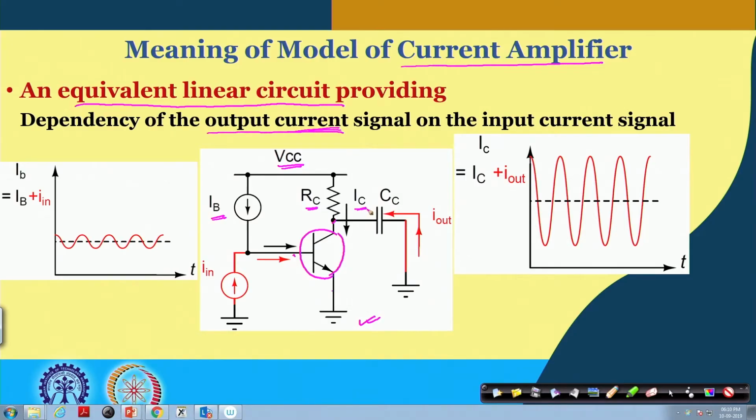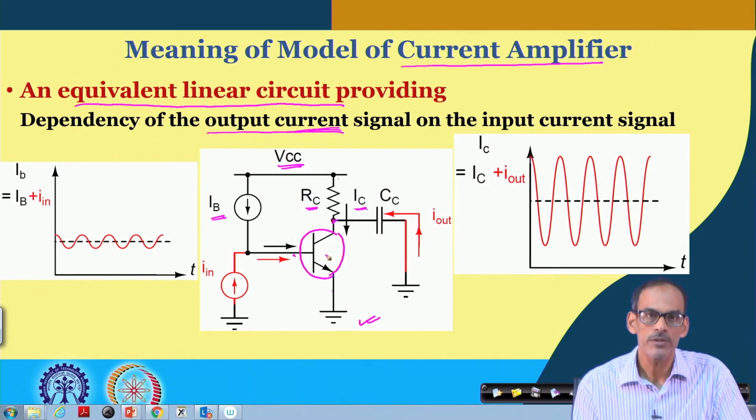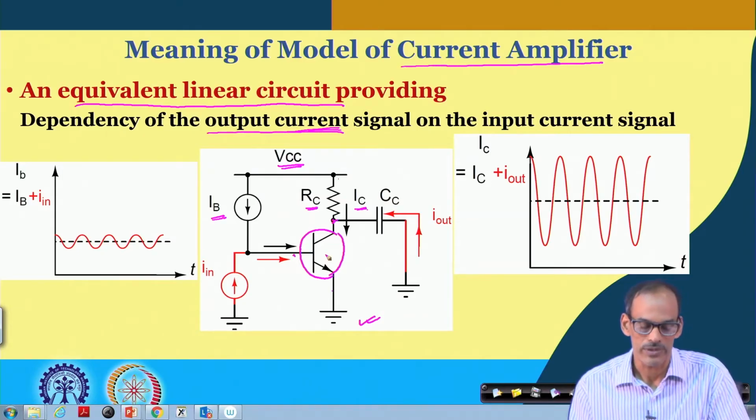This DC collector current flows through this RC, providing a voltage drop, and even after deducting this drop, VCC is sufficiently high so that the base to collector junction is reverse biased, namely keeping the device in the active region of operation.